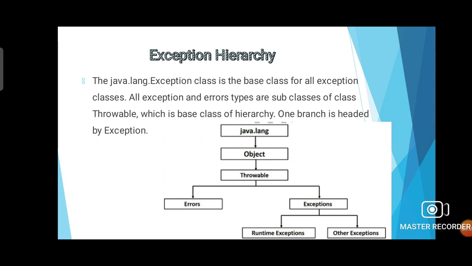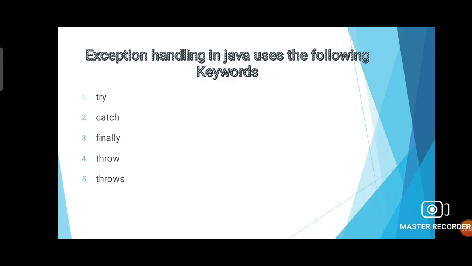Now we can see the diagrammatic representation of the hierarchy. The java.lang package has Object, which has Throwable, which is divided into two classes, Errors and Exceptions. Exception classes are again divided into runtime exceptions and other exceptions.